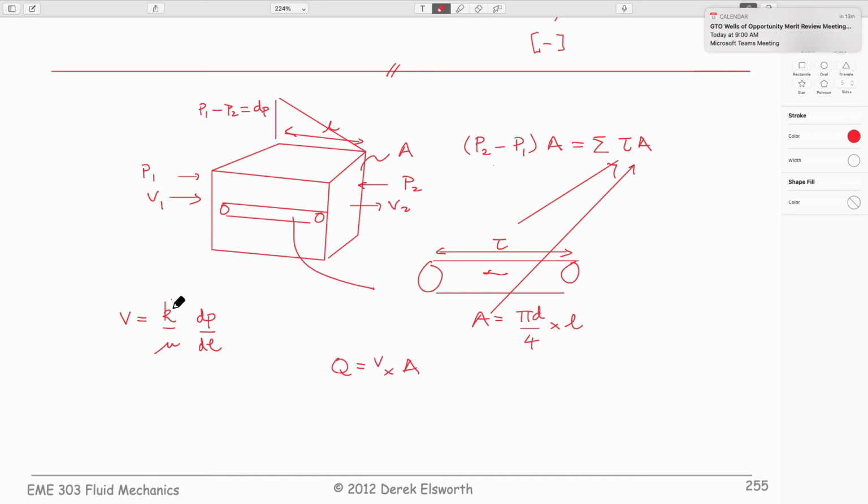And so we define a term that defines that. This term is called permeability. If you're a petroleum engineer, this term is viscosity, dynamic viscosity. And this is in units of length squared, meters squared, or Darcys, but that doesn't matter for now.